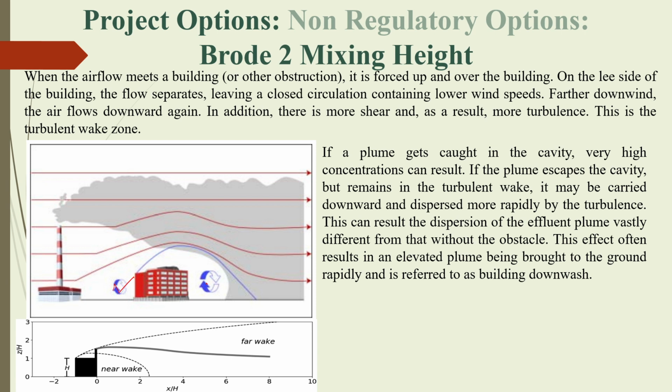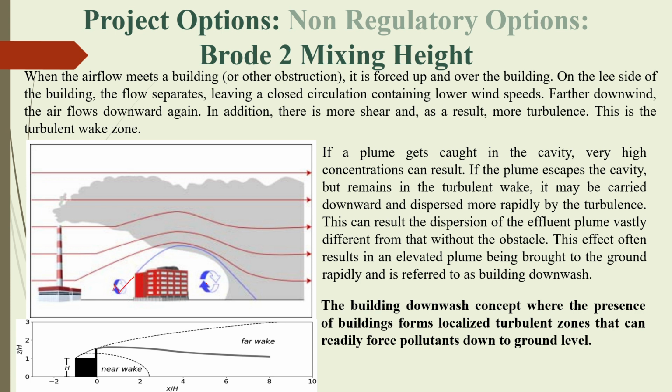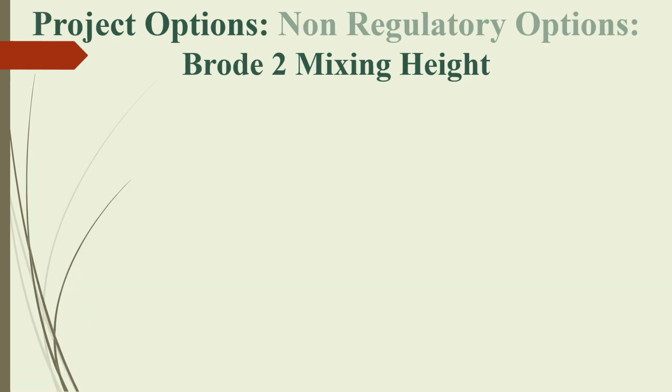This effect often results in an elevated plume being brought to the ground rapidly and is referred to as building downwash. Building downwash is the concept where the presence of a building forms localized turbulence zones that can readily force pollutants down to ground level.